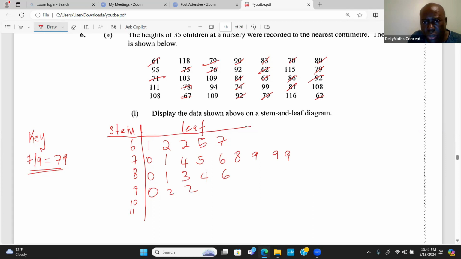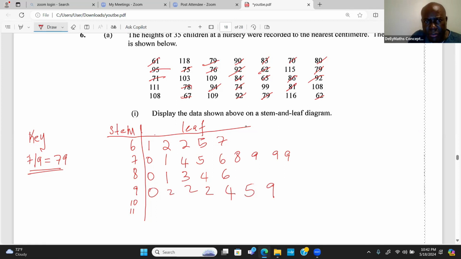Oh, more 92s, see, you could easily slip up. 94 is here. I see 99. I thought I saw 95. Yes, 95. So we have 94, 95, and 99.